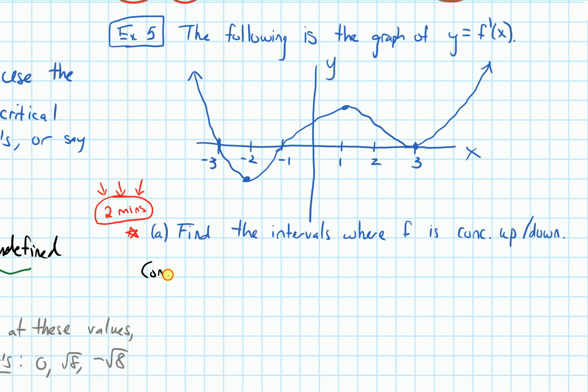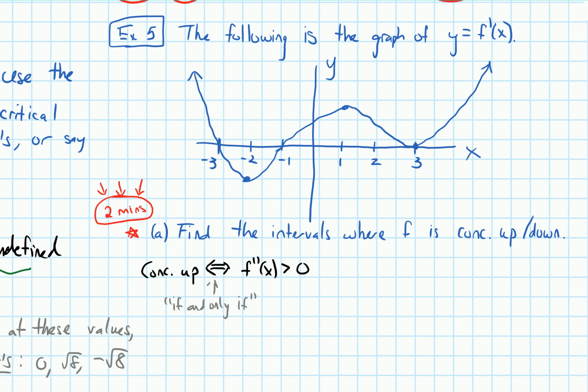So if we're trying to find when our function is concave up, our function is going to be concave up if and only if. This is a symbol that stands for "if and only if." That's another way of saying I'm about to write something that's equivalent to what I just wrote. So my function being concave up is equivalent to the second derivative being positive.